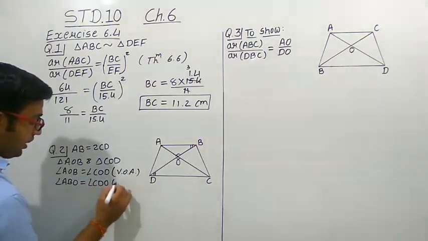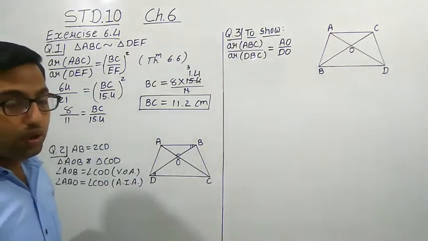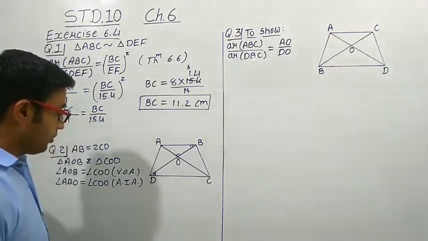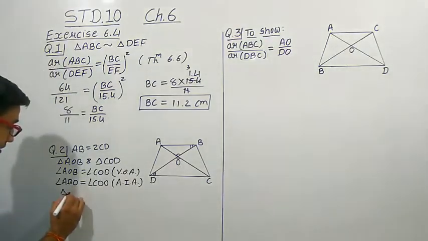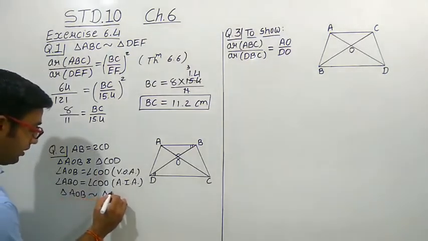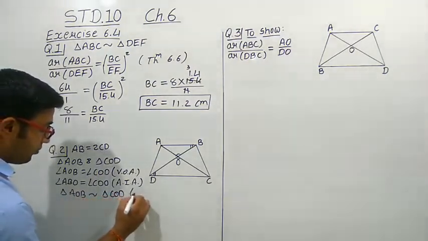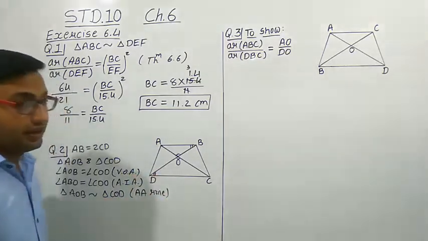This we can write according to the alternate interior angles. Now only two conditions are required to prove two triangles similar. So here we can write that triangle AOB is similar to triangle COD according to the angle criteria.